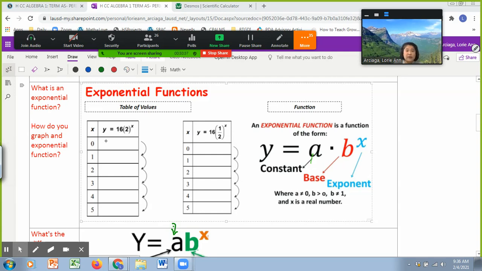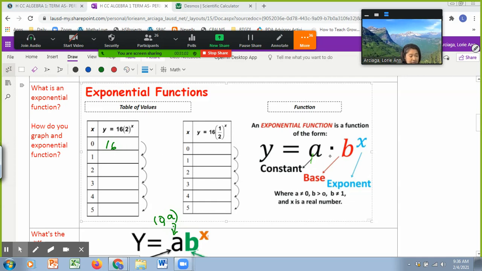What is the value of y when x is 0? Right when you see a function like that, you should be able to say, this is the initial value. What is it? 16. Very good. Whatever the value of a is, that's going to be your initial value. That's your constant. Think of it as your y-intercept.